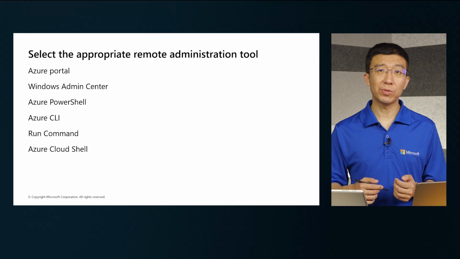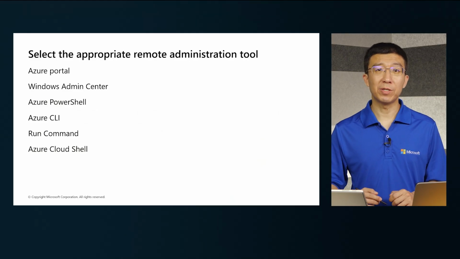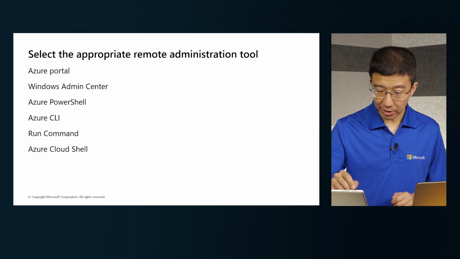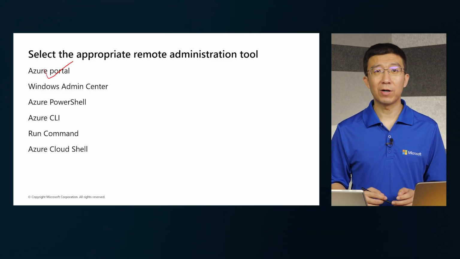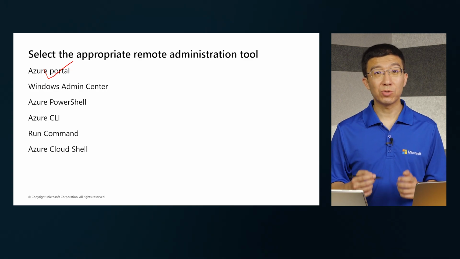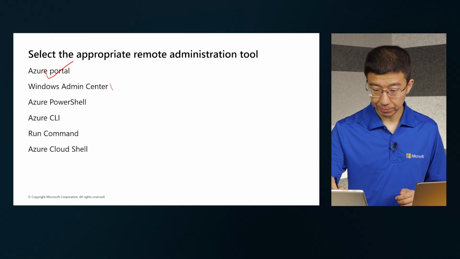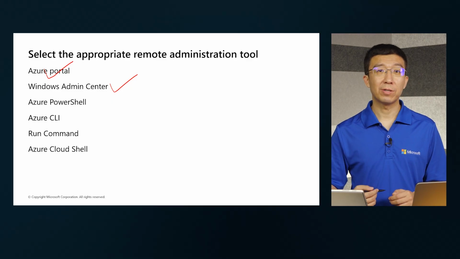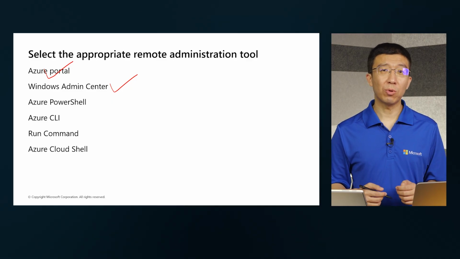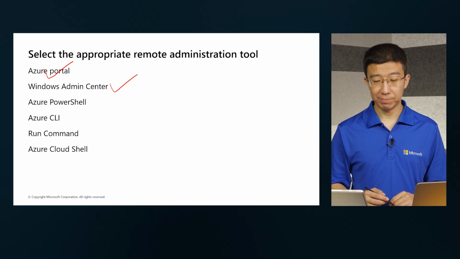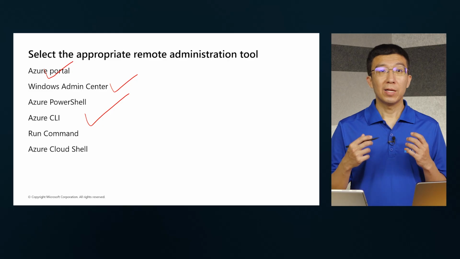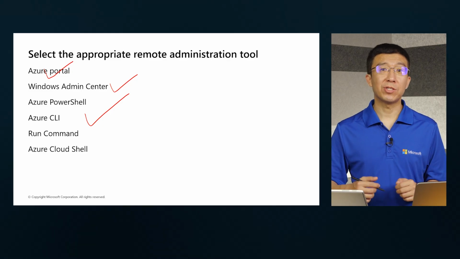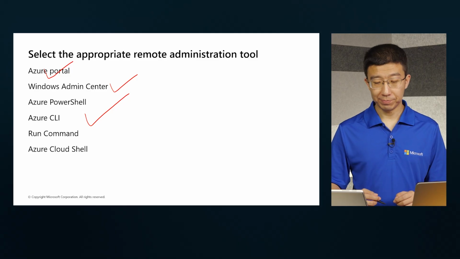There are several tools available for remote administration. Azure Portal, the central hub for managing Azure resources. Windows Admin Center, a browser-based tool for managing servers. Azure PowerShell and Azure CLI, command line tools for automation.